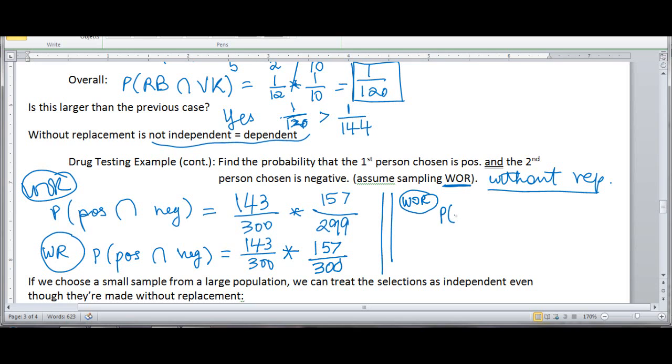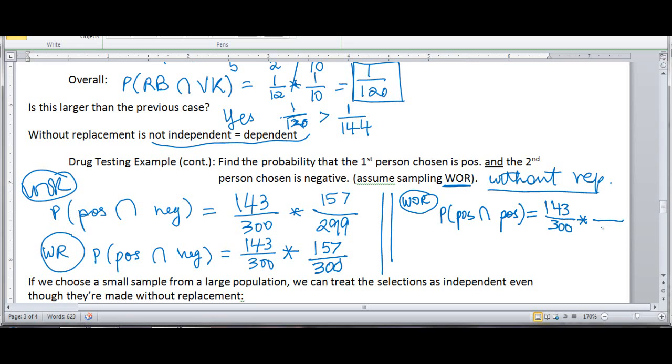Let me look again at without replacement. What's the probability that the first person is positive and the second person is positive? I picked two people at random. What's the chance that they're both positive? Without replacement, I'm not putting them back. The chance that the first person is positive is 143 out of 300. I'm holding on to that person.